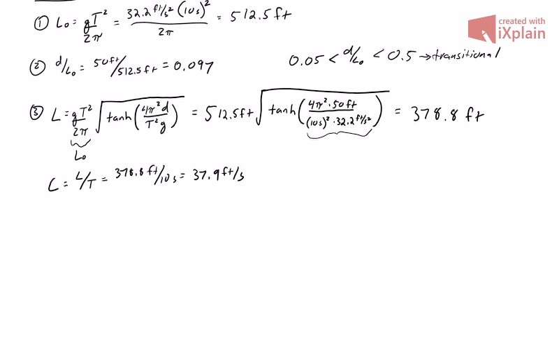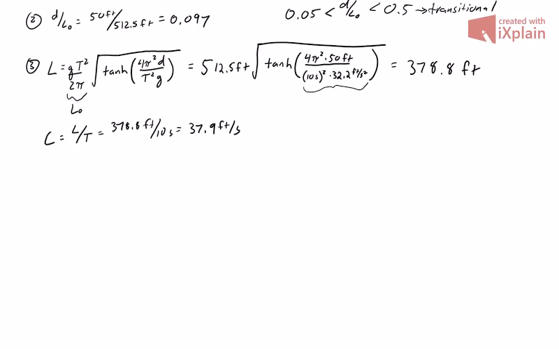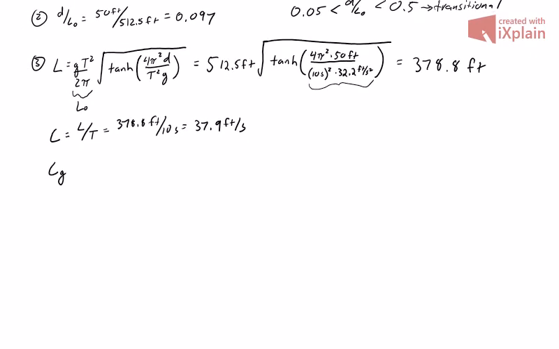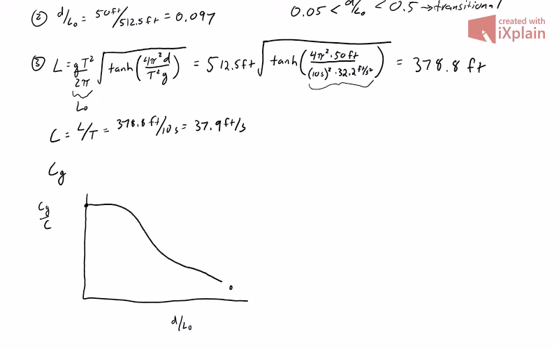So then we get to the most complicated of the three, the group celerity, or C sub g. All right, so for a transitional wave, there's an intermediate step you need to do before you can calculate it. So if you look either on the equation sheet or in the lecture slides for this lesson, you'll see a graph that looks like this.